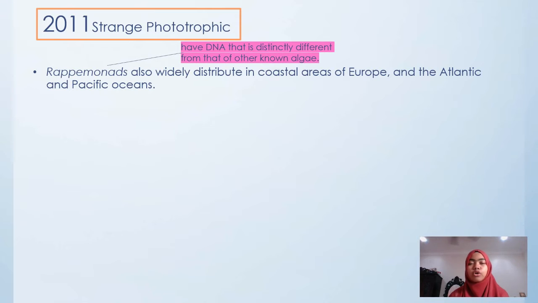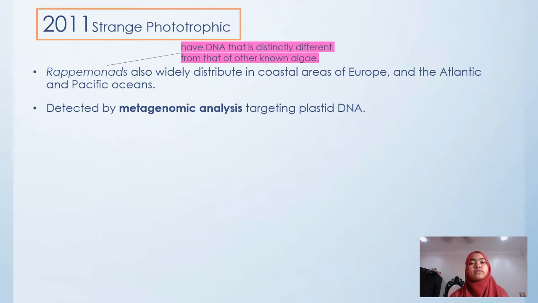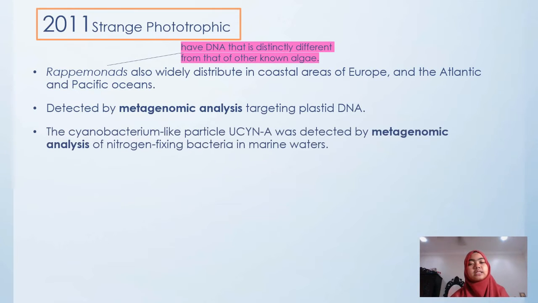Rappemonad is named after a professor from the University of Hawaii, Michael Rappé, who was the first author of the paper which discovered this microscopic alga by following up on an unexpected DNA sequence in a research paper from the late 1990s. This strange phototrophic group was detected by metagenomic analysis targeting plastid DNA.